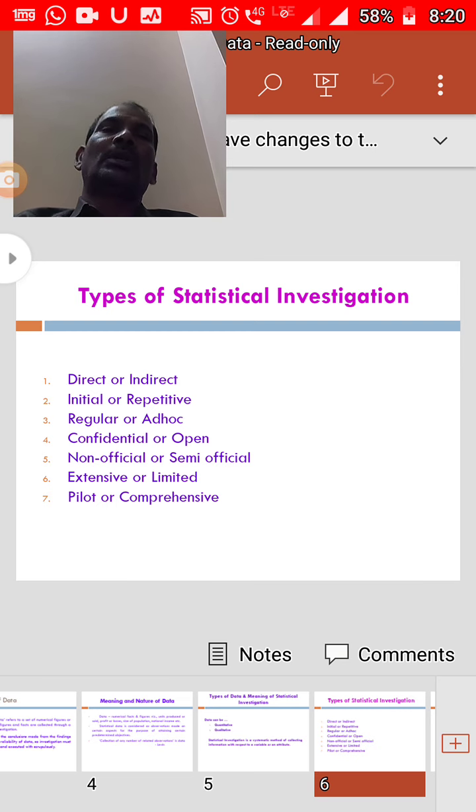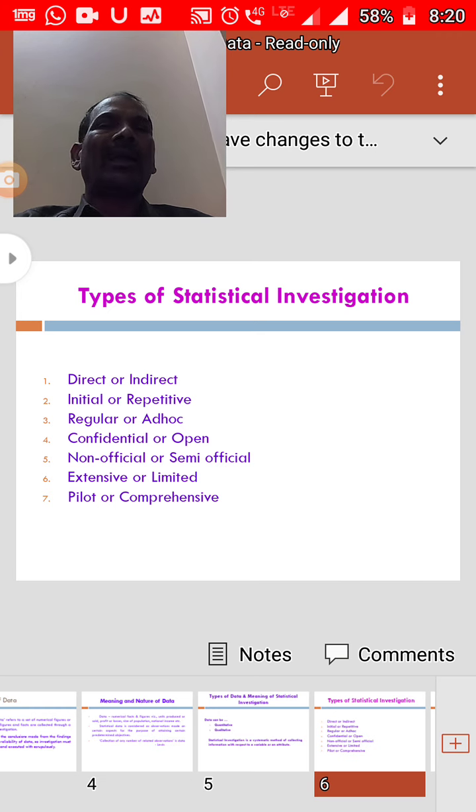Some changes certainly, because according to the modification that took place in the environment, we need to make changes in the plan, but total planning is not required. We need to make small changes in repetitive statistical investigation.